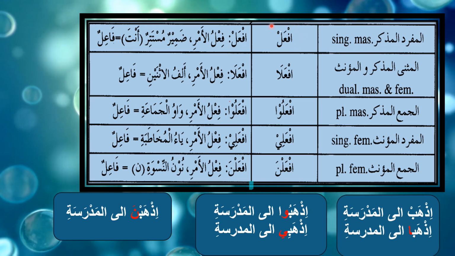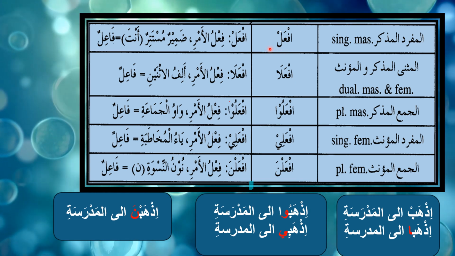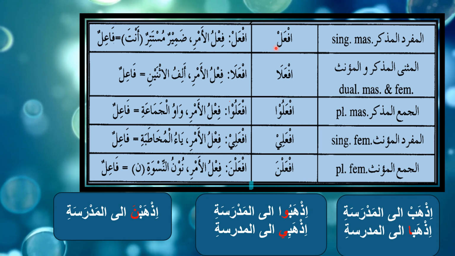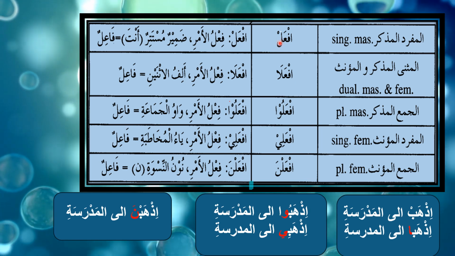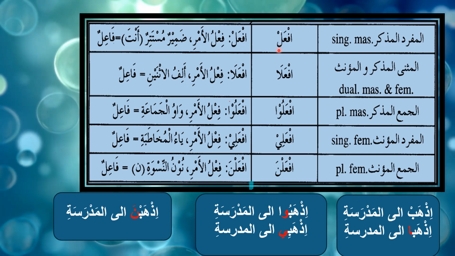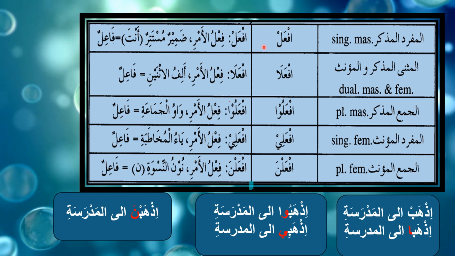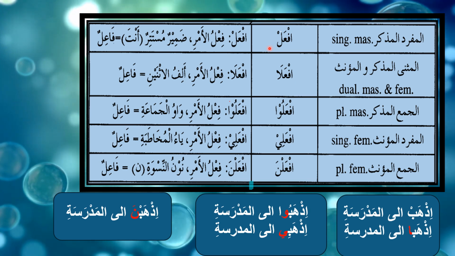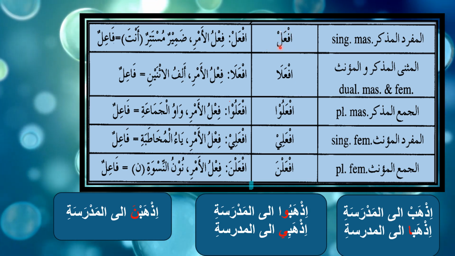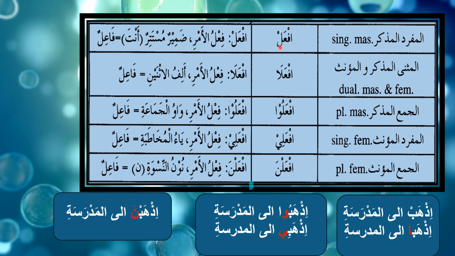So in this case, for the male singular, if you don't see any damir attached after the fail, that is point number 1. Number 2 is you see a sukoon over the last letter. That's the second point. It's a command, and when you don't see a damir outside, know that the damir is hidden inside. Keep this in mind whenever you come across a command verb.